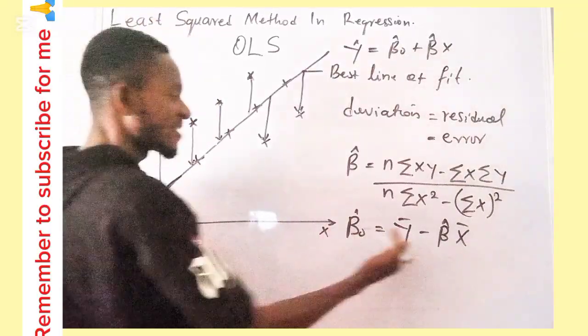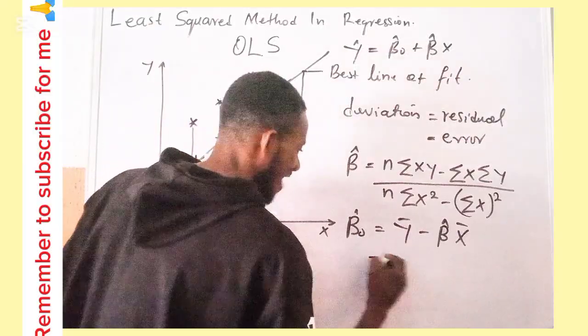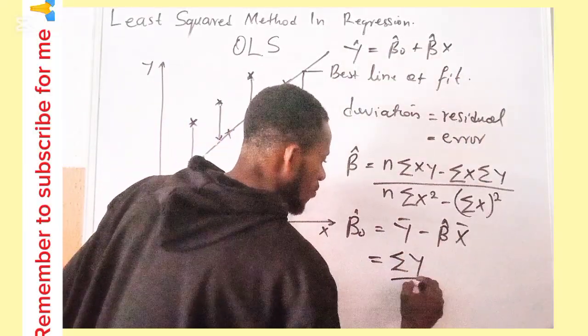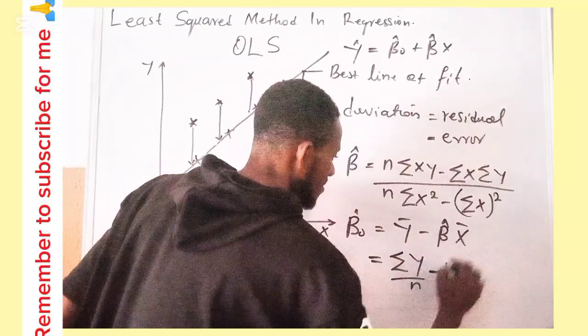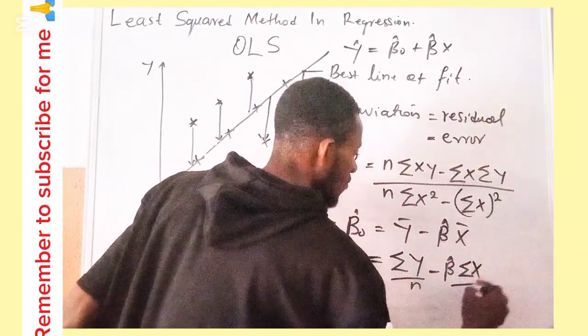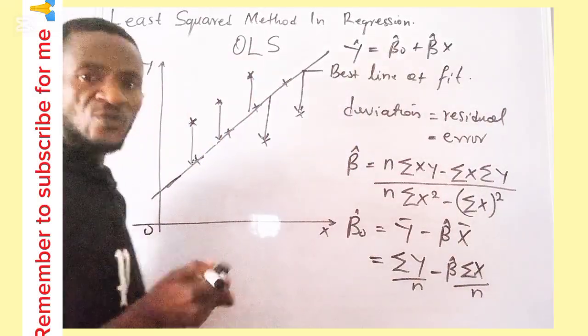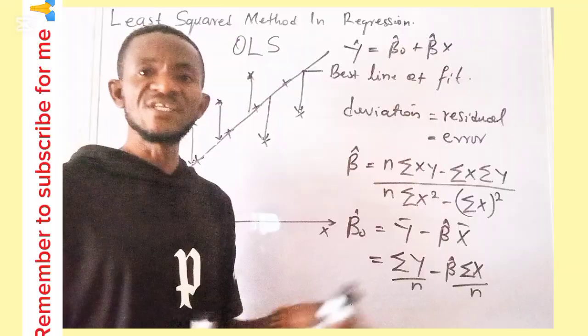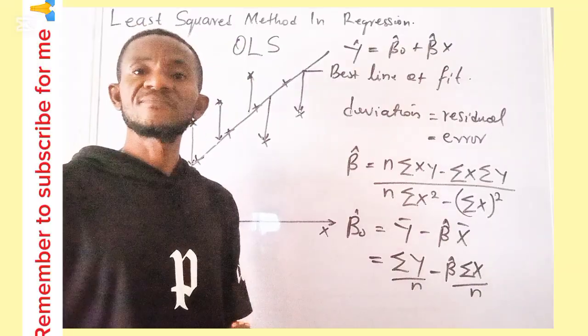So this equation can equally be written as summation of y all over n minus beta cap times summation of x all over n. So if you don't see it written in this way, you can see it written in this way.